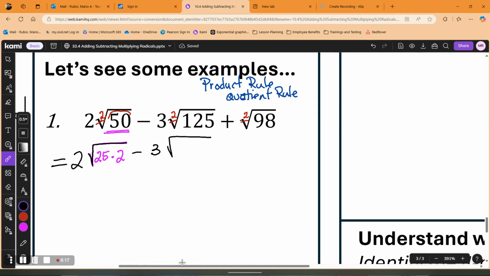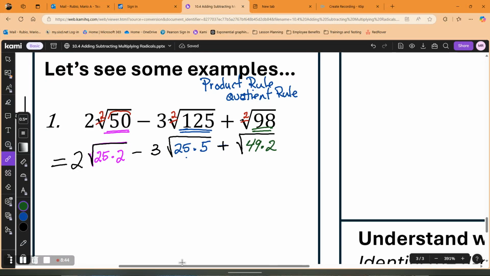Minus 3. And instead of 125, I'm also going to write 25 times 5. 25 times 5 gives me 125. Plus square root of, now instead of 98, I'm going to write the factors of 98, 49 times 2.